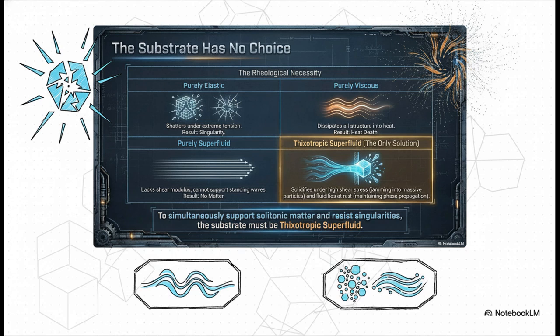On the flip side, a purely viscous fluid would just diffuse all its energy into an immediate heat death. So to simultaneously support perpetual standing waves and actively resist structural collapse, the substrate strictly has to be a thixotropic superfluid. It's the sole surviving mathematical solution capable of maintaining perpetual equilibrium.